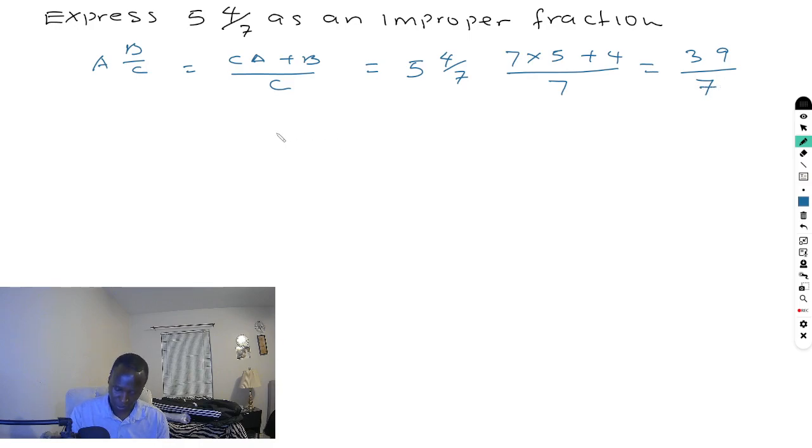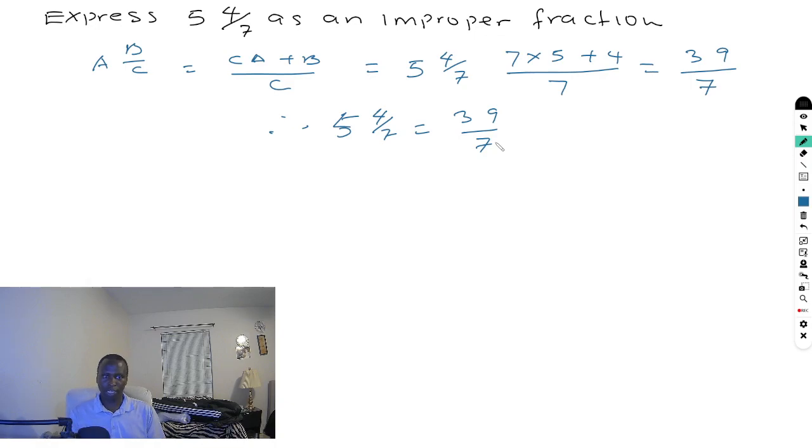Therefore, the improper fraction of 5 4 over 7 is equivalent to 39 over 7.